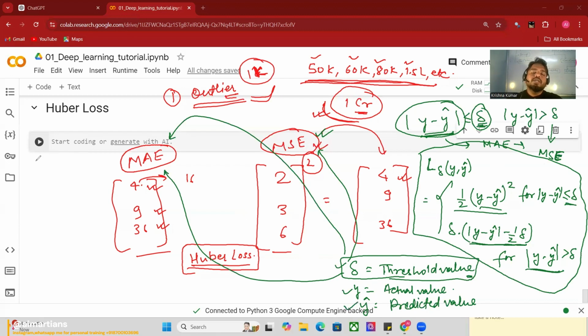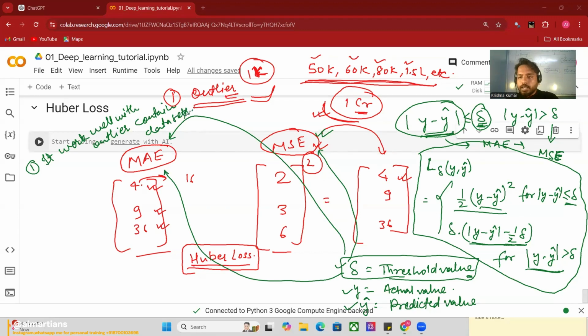Now, the key point you have to remember first, if anybody asks why we use Huber loss. It works well with outlier-containing data.